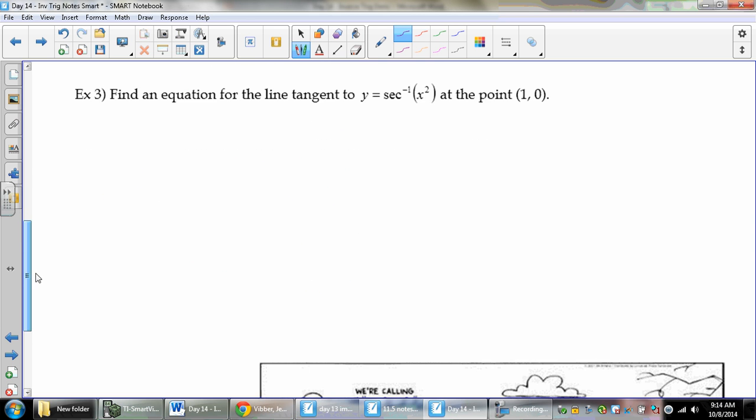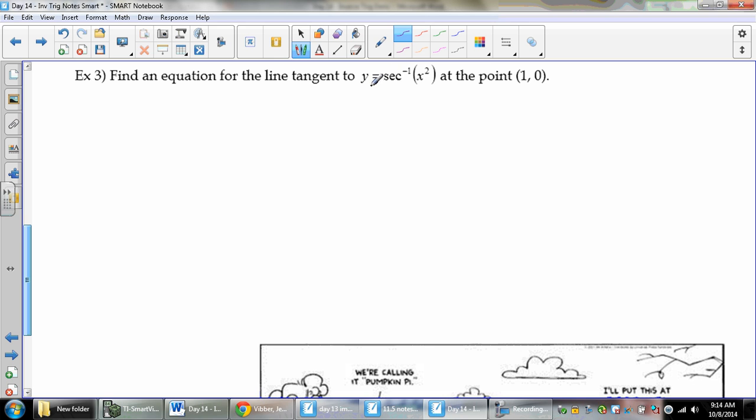And last but not least, find an equation of the line tangent to y equals inverse secant x squared at the point 1, 0. So if I need a tangent line, I need a point, I need a slope. To get a slope, I need a derivative. So the derivative of this guy is going to be dy dx. The derivative of inverse secant is du over the absolute value of u times the square root of u squared minus 1.